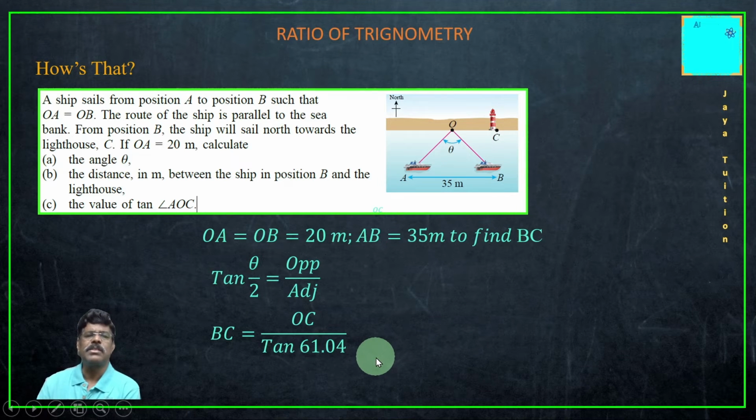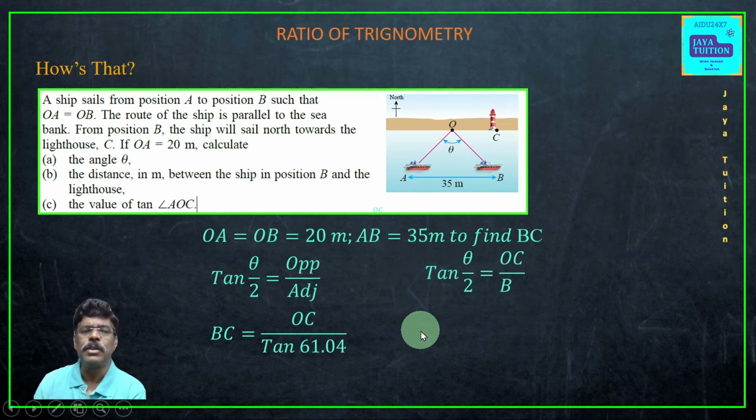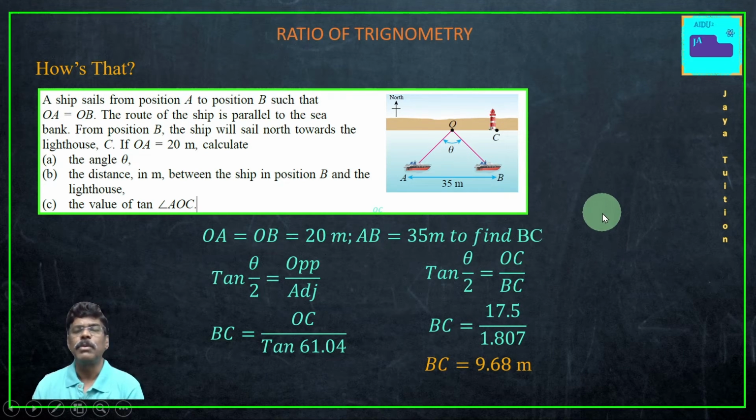Theta by 2 is 61.04 from the previous calculation. Putting it in, BC is equal to 17.05 divided by 1.807. You do the calculation and get BC equal to 9.68 meters. The distance BC comes out to be 9.68 meters.